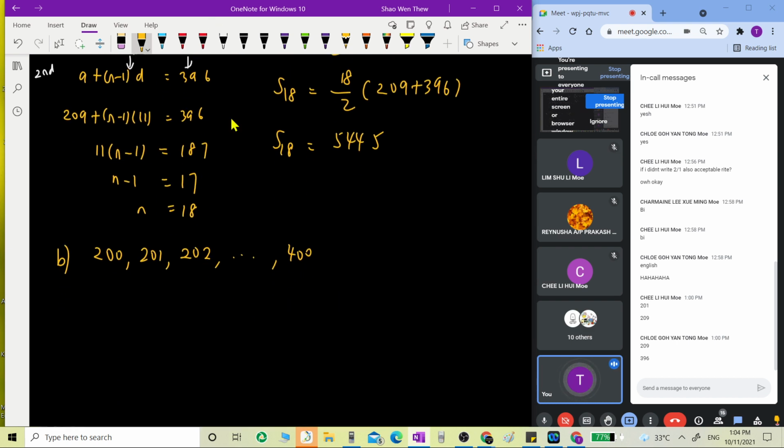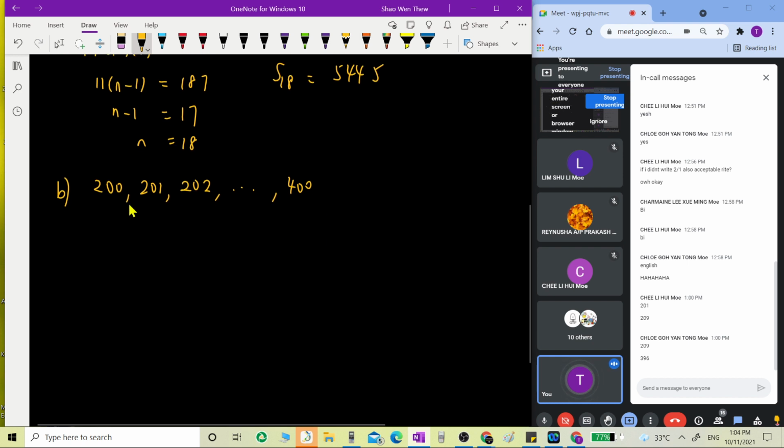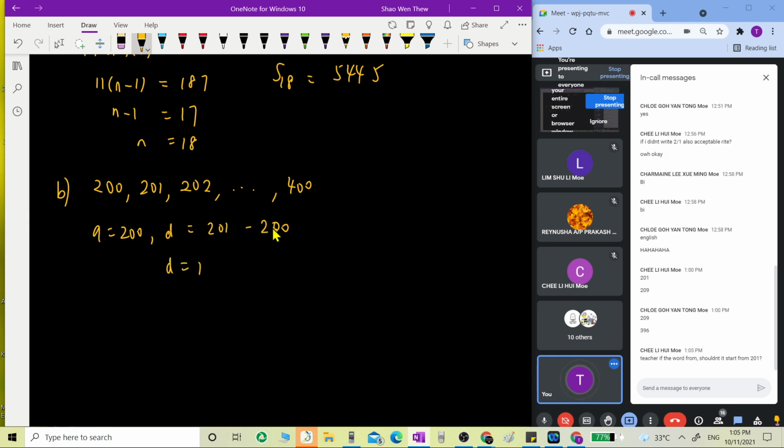Understand or not? Because just now they were multiples of 11, and now we want to find not multiple of 11. So take out the sum, 5445, from here. What we need to do is, this one is also AP, right? A is 200 and D is 201 minus 200, D is 1.